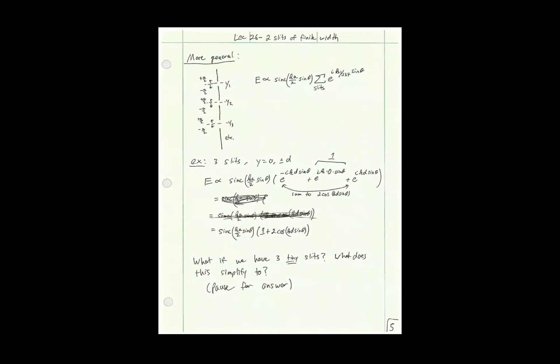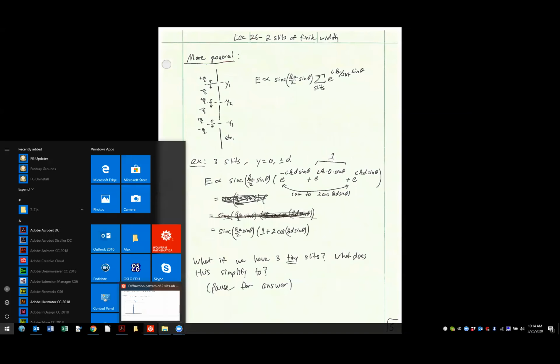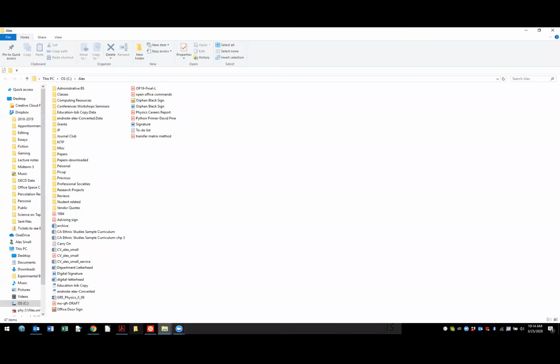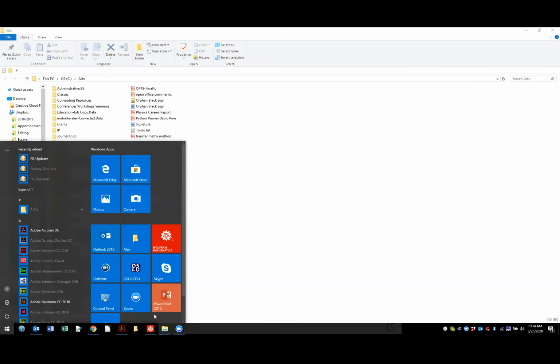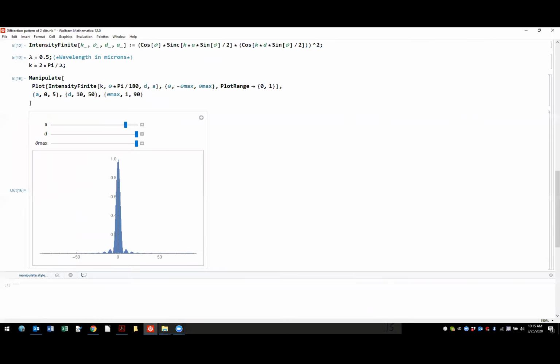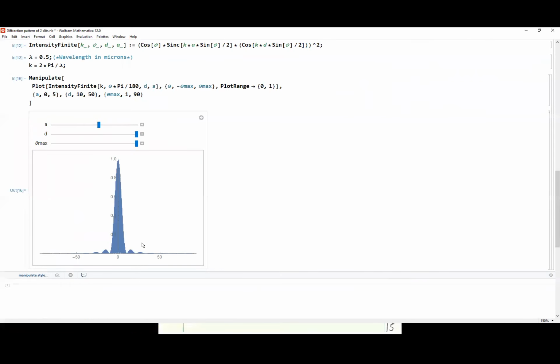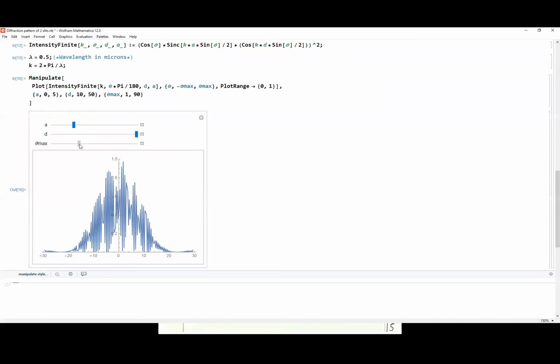And we know that this pattern is due to the slit width because when we change the slit width, the overall spacing of the spikes doesn't change. Right now you don't see any spacing between the spikes. I'm going to change the horizontal scale, sort of zoom in so that you can see the spikes.